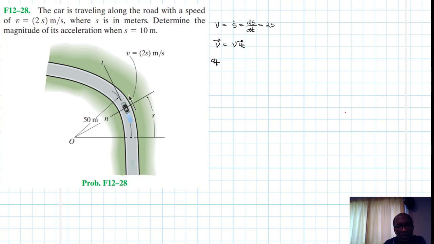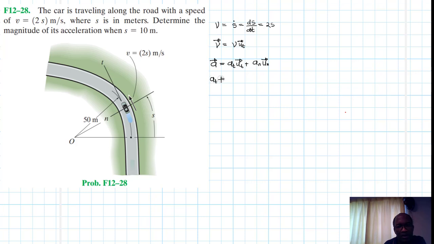So acceleration as a vector is going to be equal to the component in the t direction times the unit vector, plus the component in the n direction times the unit vector.